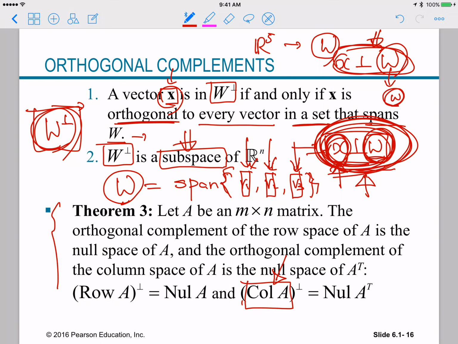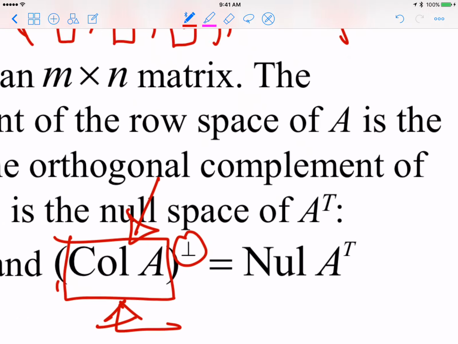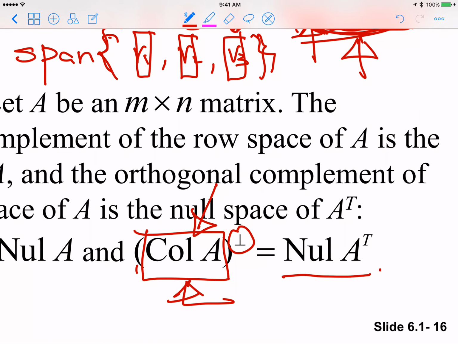Given this particular subspace from matrix A, what is the orthogonal complement of the column space of A? Initially you are given a matrix A, and then think about the column space of A, and then what is its orthogonal complement? The orthogonal complement is actually equal to this: you first think about A transpose.